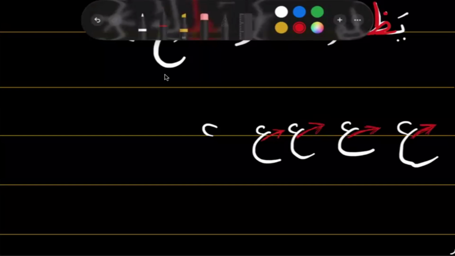When I write this in its connected form from the beginning, switching that, so now you can see the direction it's going. Instead of going like that, it's going like that. So that's how it looks in the beginning of a word. If it's a ghain, it's going to have a dot.